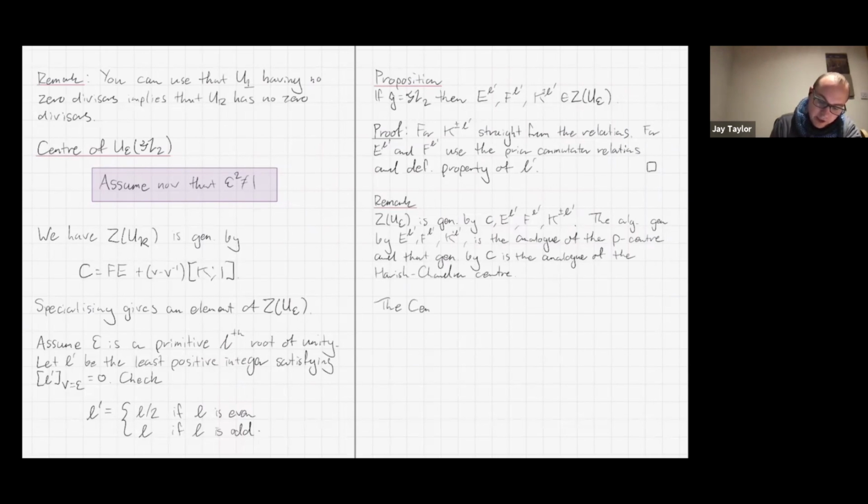Essentially the same phenomenon holds in general.